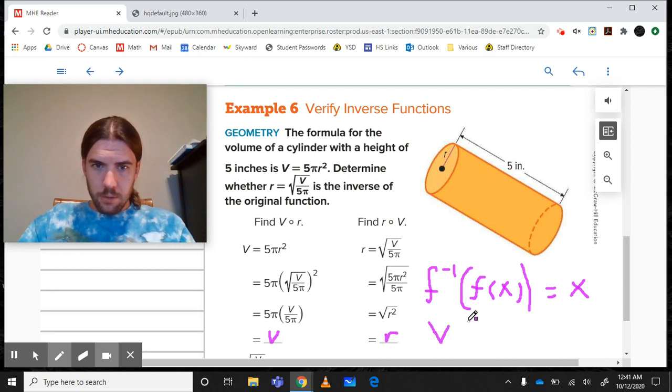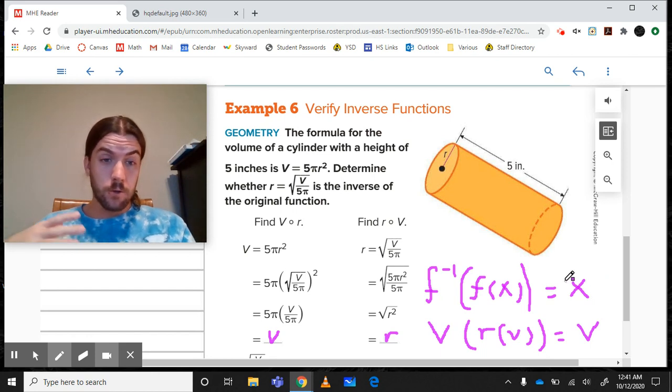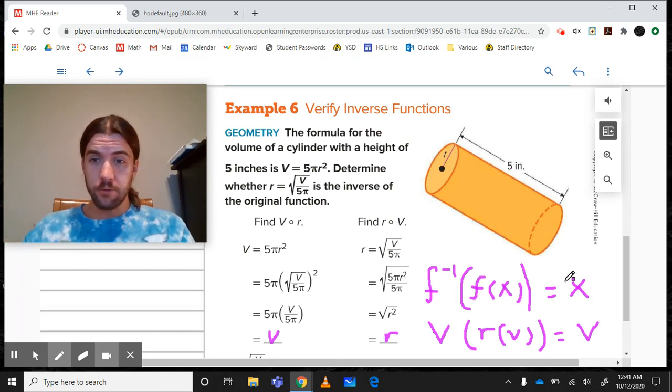What's the best way to say this? R of v equaled v. So the identity is not necessarily always x, because we're not necessarily always using x as a variable.